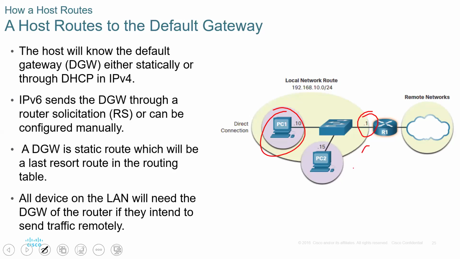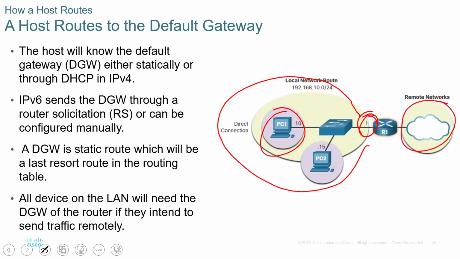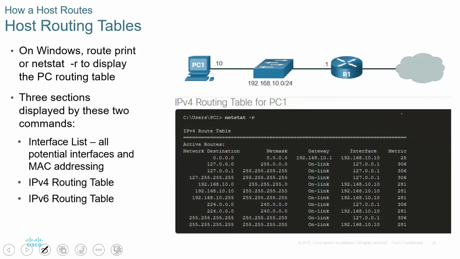So all the systems within this LAN, if they are going out, must follow this particular interface. And anybody out on the internet, if he wants to come to this particular LAN, must come through this particular interface, right?